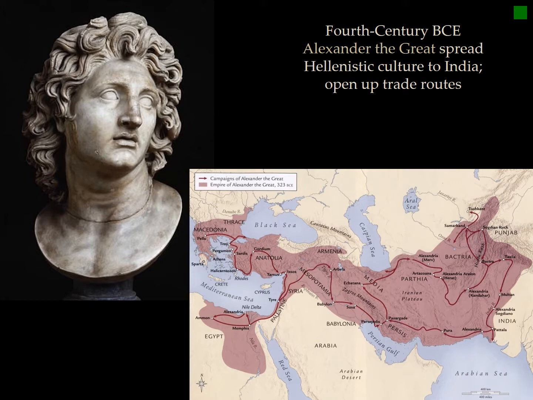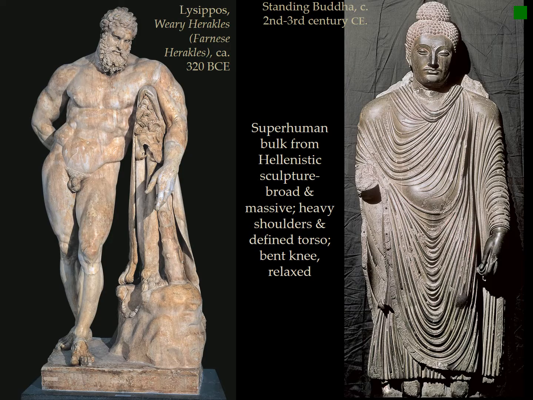Now, in the 4th century BCE, Alexander the Great had spread Hellenistic culture all the way to India, opening up these trading routes. Thus, the ideas from Greece made their way all the way to this period in the Kushans. The superhuman bulk that we see here, this massive statue of Buddha that is over 7 feet high, is going to be taken from Hellenistic sculpture with the broad and heavy massive forms, these heavy shoulders, a well-defined torso, a bent knee, and one relaxed.